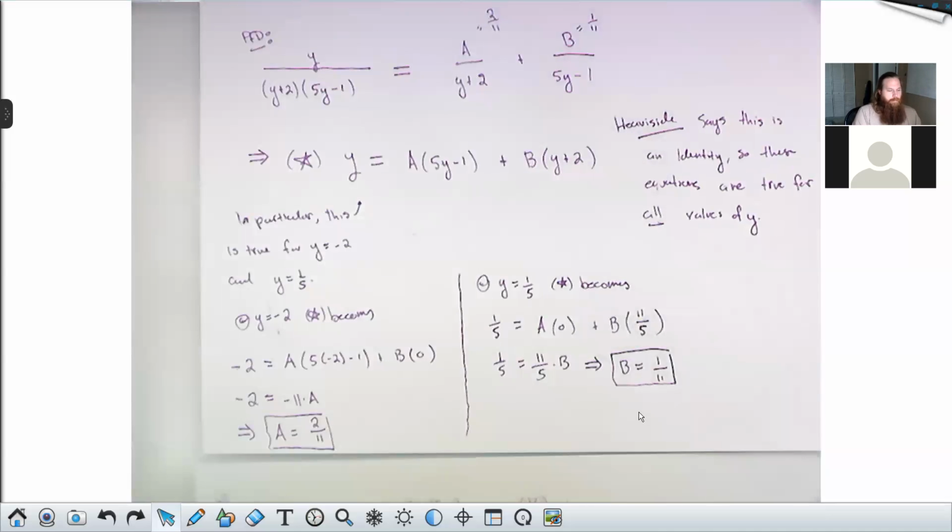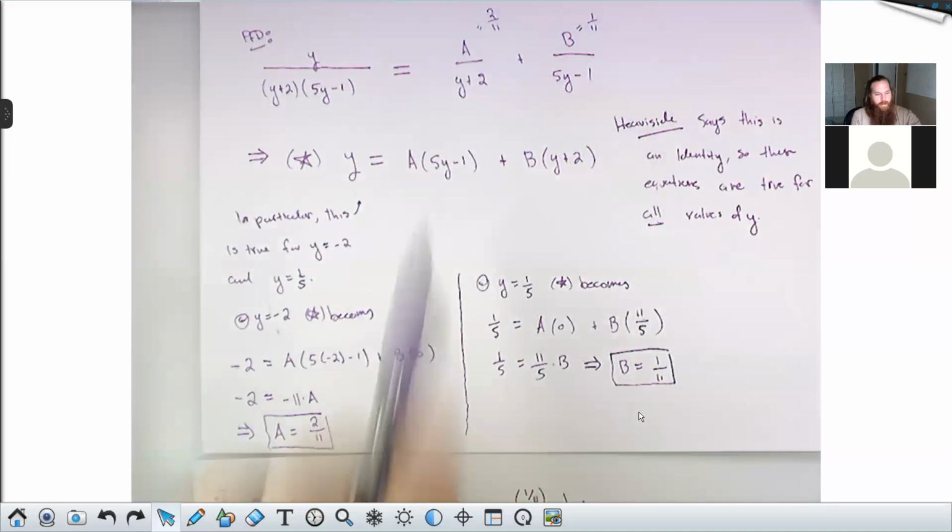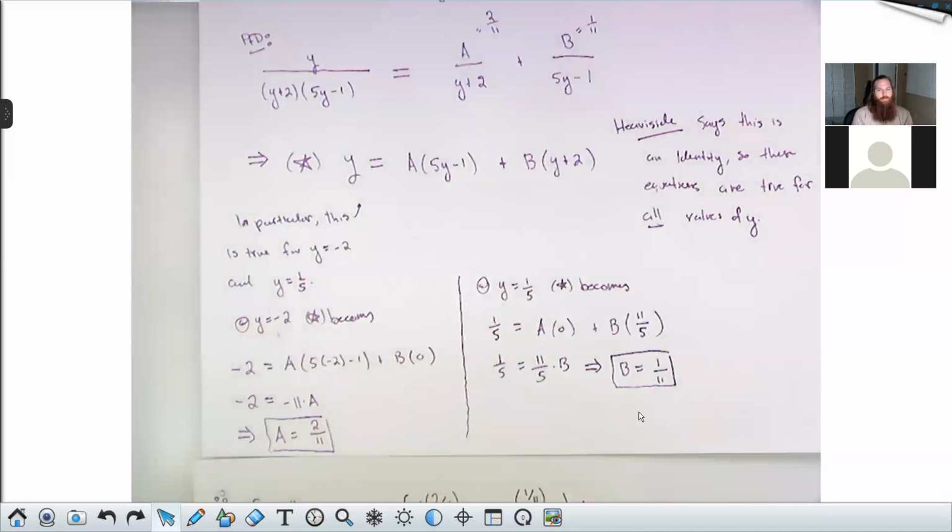Let's come back here for a minute. Any questions on the PFD itself? So remember at the start, I didn't know this. I just came back and added those values after finding them down here.